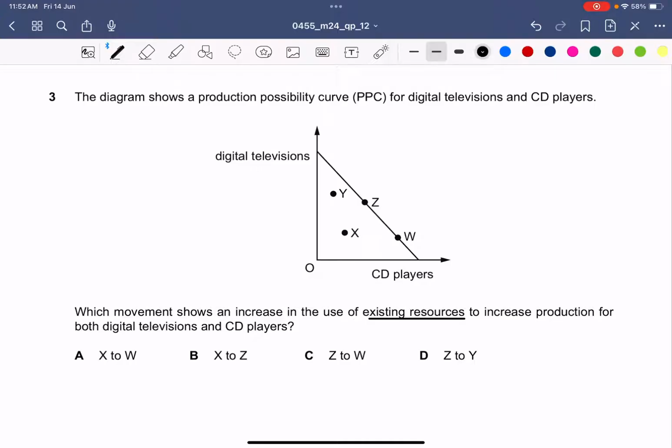So you need to increase your production but using existing resources, so it's definitely from X to Z. It's because X is the point where you are not fully utilizing all the resources and Z is fully utilizing. So this can maximize the production for digital TV and CD players. Yeah, so the answer is B.